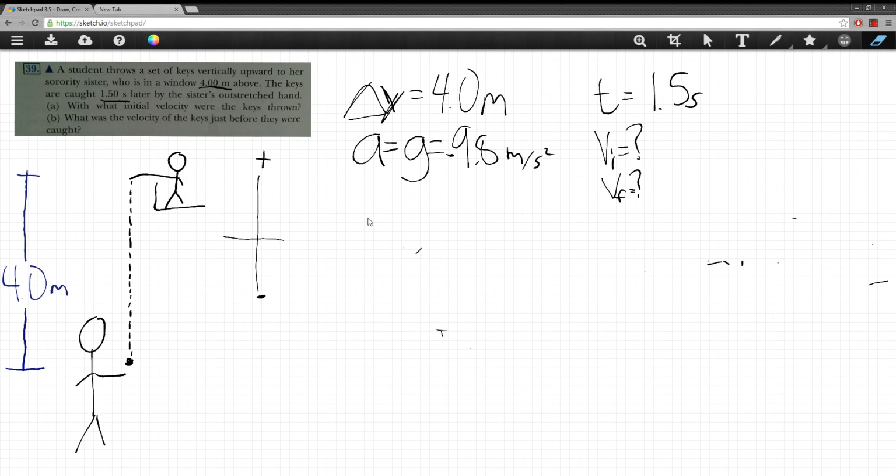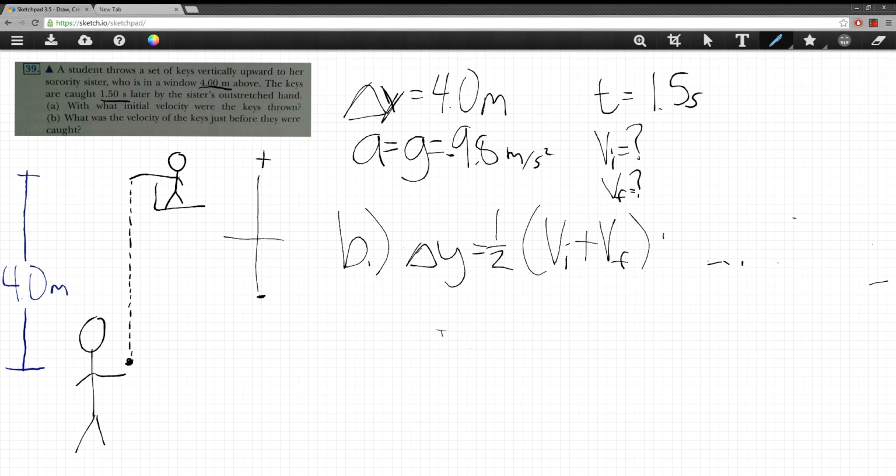Okay, and then for part B, we're finding final velocity. So I'm going to just be plugging that into this kinematic: displacement equals 1/2 v initial plus v final times t.